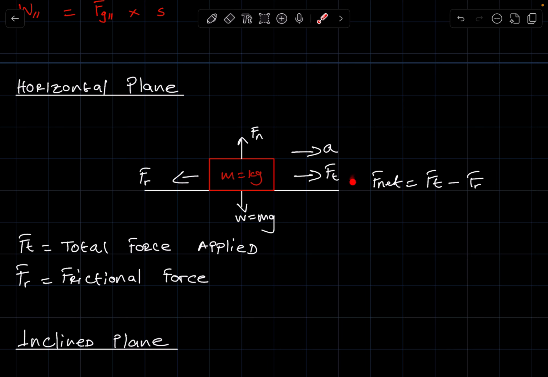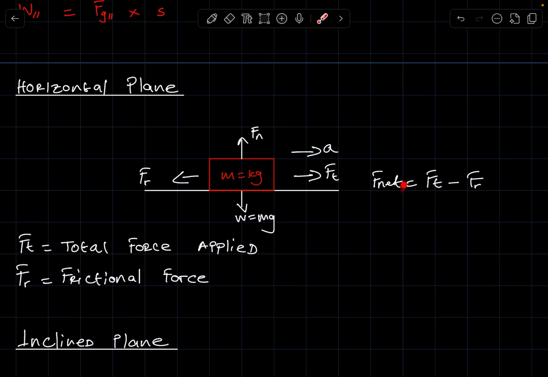And then the vector sum of forces is F net, also known as the resultant force. Remember I said the forces going in the same direction as acceleration you take as positive. That is why Ft is positive. And the forces going against acceleration you take as negative.